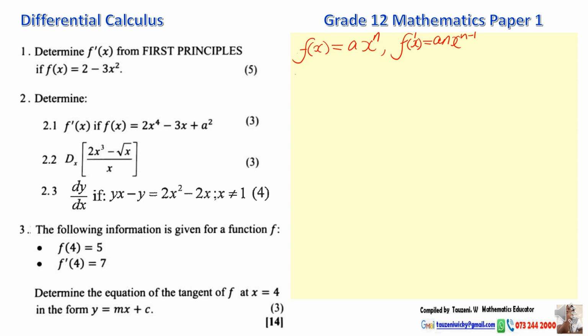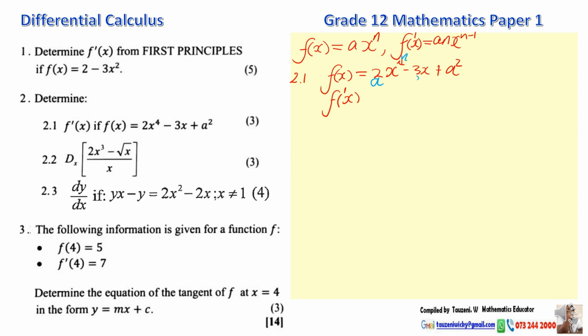Now, number 2.1, we want to differentiate f of x is equal to 2x to the power of 4 minus 3x plus a squared. We want to differentiate this expression and determine the derivative. So in this expression, the formula that we are applying is applicable to one term at a time. So the coefficient is the value for a, the exponent is the value for n.